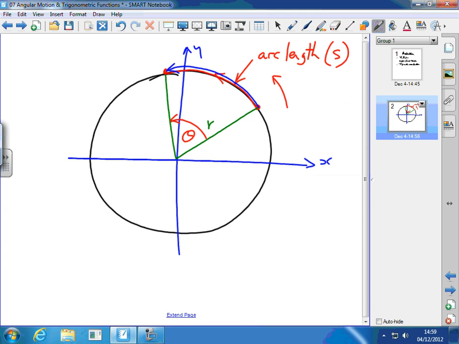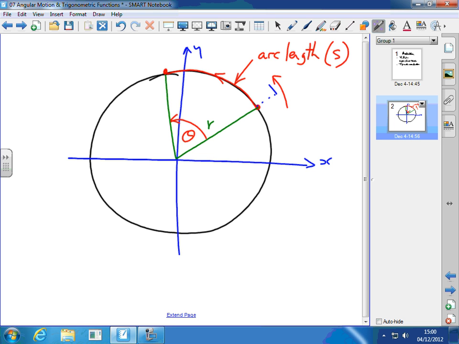We could do with that in terms of the radius r. So what we do is define that in terms of r. In other words, if we say if this distance from here to here is exactly equal to the radius r, then we say that's 1 radian. So if the arc length is equal to the radius, we've gone around a distance of 1 radian. And if you think about it, it doesn't actually matter how big the circle is.